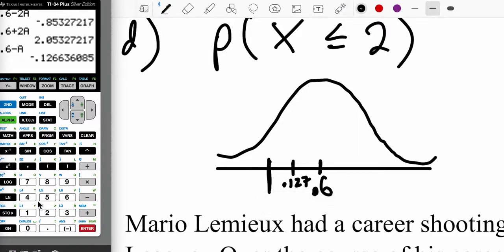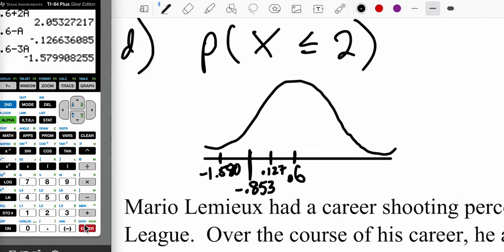We already have minus 2A, so negative 0.853. And so we just grab a negative, replace the 2 with the 3. Negative 1.58.